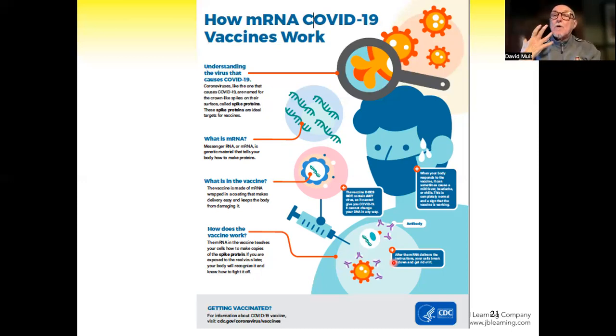If, for instance, you acquire the virus through droplets or whatever, your immune system recognizes those spike proteins and gums them up with antibodies, so that the virus cannot attach to its host cells.